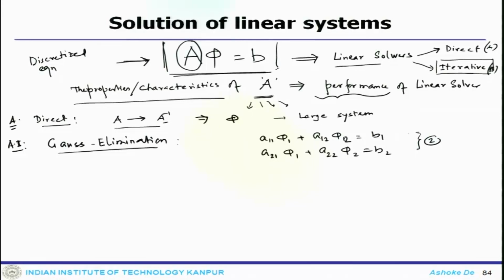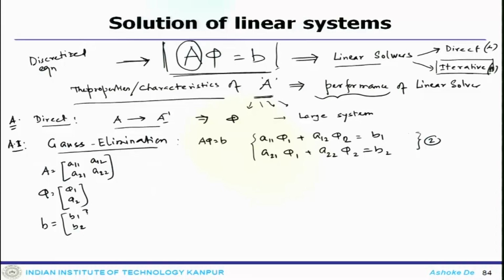If you put them together, the coefficient matrix would be A11, A12, A21, A22, and this is going to lead to A phi equals B, where phi is the vector phi 1, phi 2, and B is the right hand side vector B1, B2.